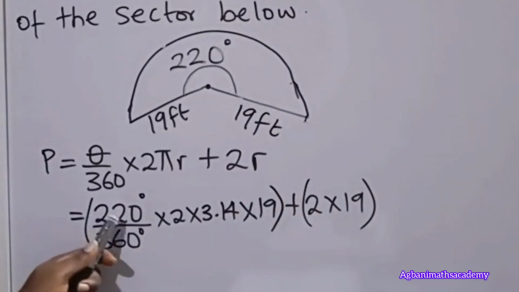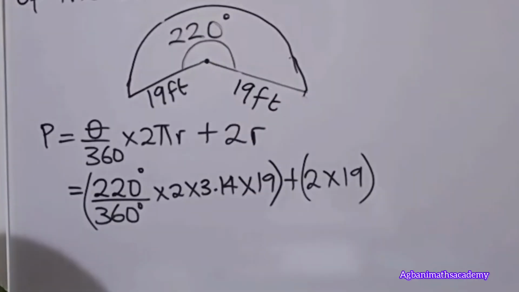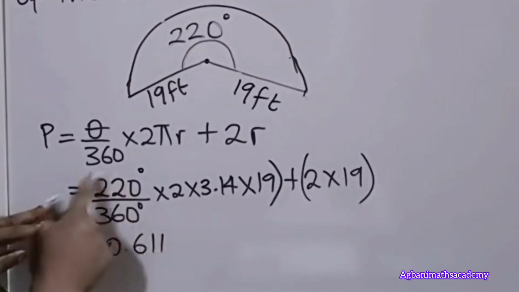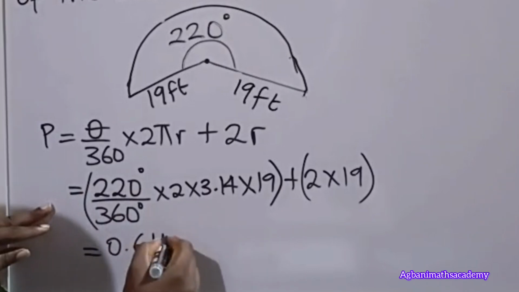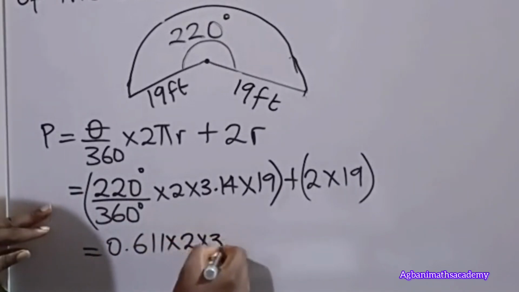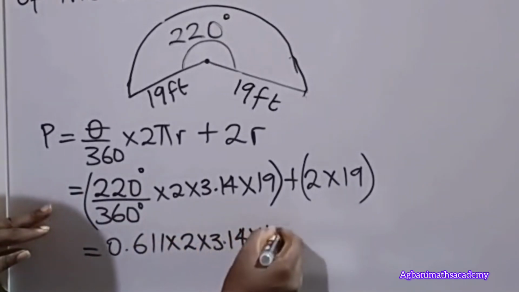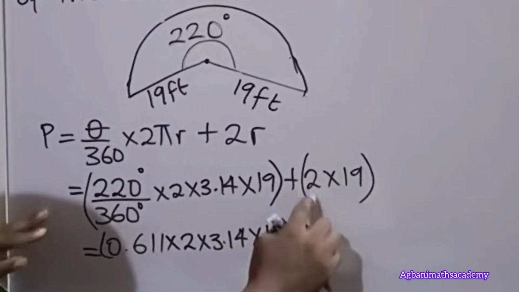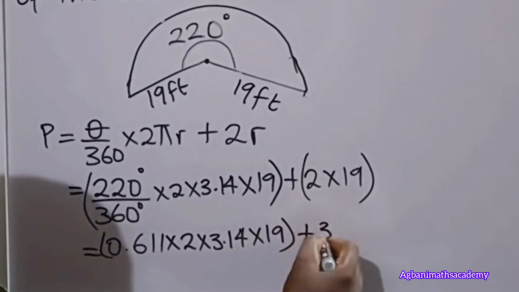So 220 divided by 360 will give us 0.611. So this is equal to 0.611 times 2 times 3.14 times 19. And on this side, we have 2 times 19, which gives us 38.